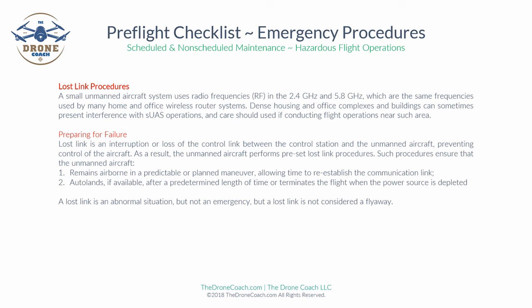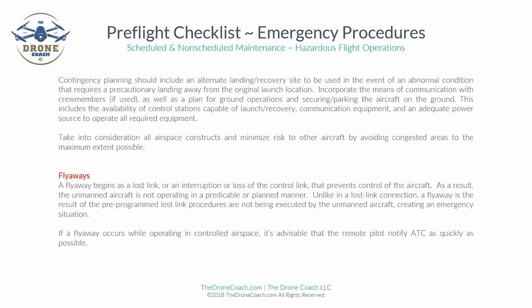Now, a lost link is an abnormal situation, but not an emergency, but a lost link is not considered a flyaway either. So contingency planning should include an alternate landing recovery site to be used in the event of an abnormal condition that requires a precautionary landing away from the original launch location.